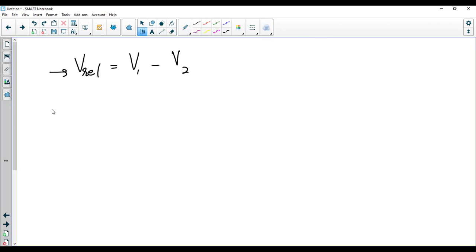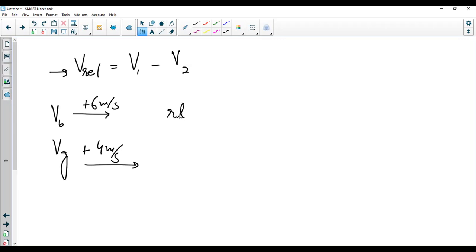So we have the velocity of the blue thing toward the right, and that's positive 6 meters per second. And we have the velocity of the green, which was also toward the right, but it was 4 meters per second. So we have two answers. What we have worked out is relative speed.